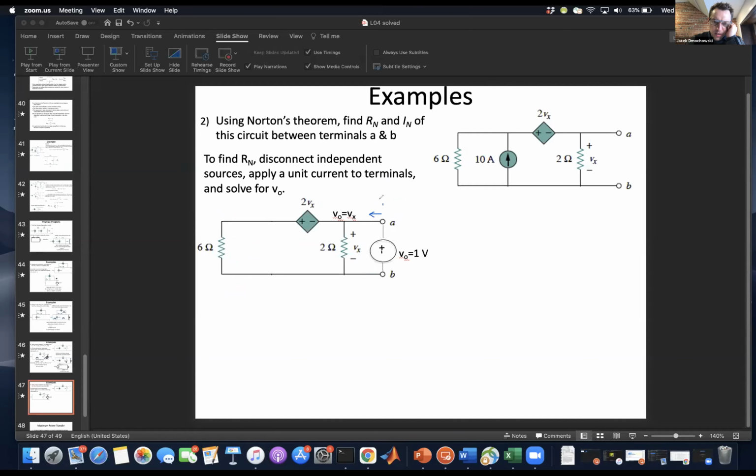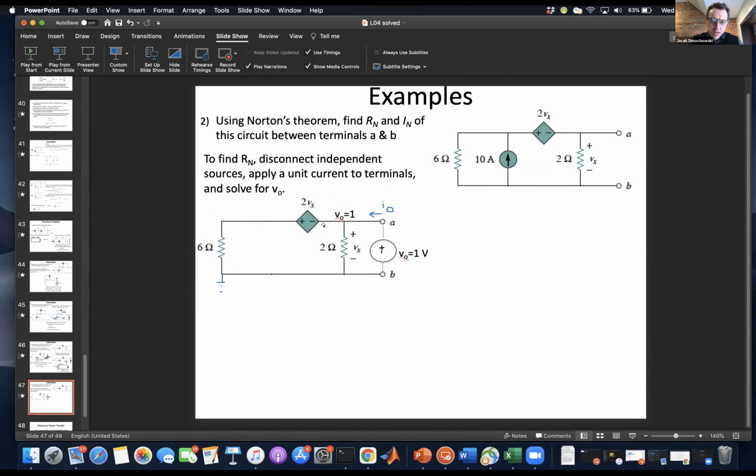I just realized something. This is still ground. And I'm just going to label this because I think this is confusing. This is equal to 1.